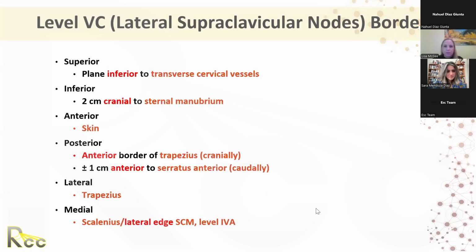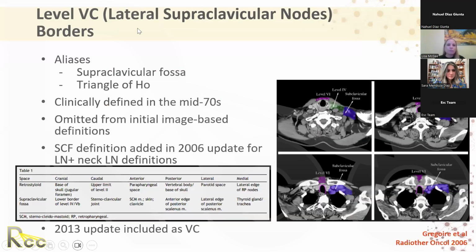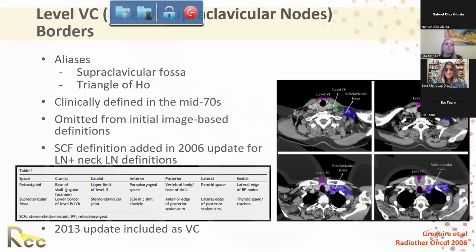So in this situation, these are really the lateral supraclavicular nodes. The other probably most common anatomical descriptor we use to describe this lymph node region is the supraclavicular fossa, and then historically the triangle of Ho. Clinically, these lymph nodes were defined back in the mid-70s. They were originally omitted from that initial CT image-based definition published back in 2003.